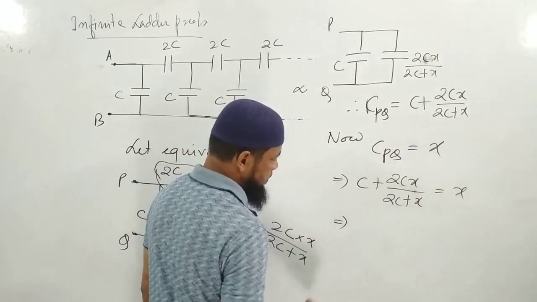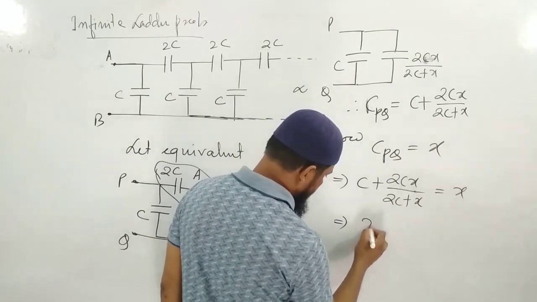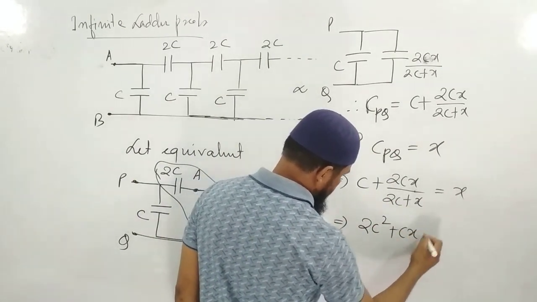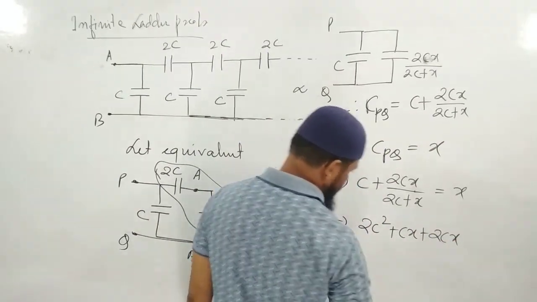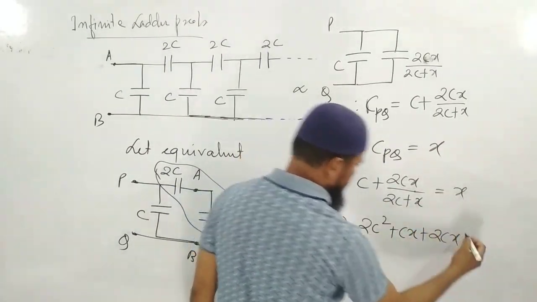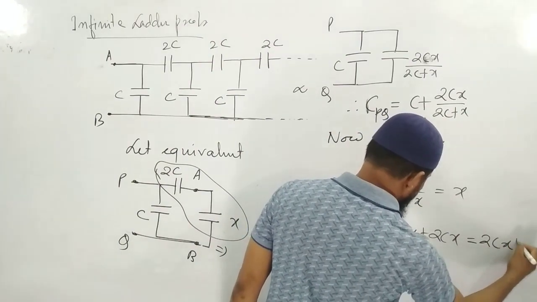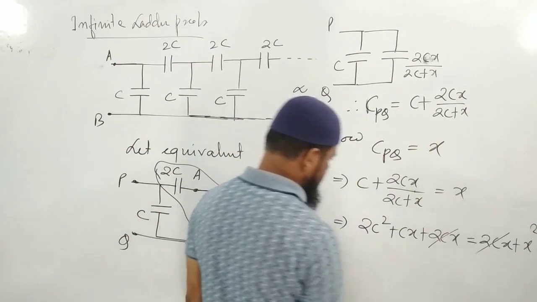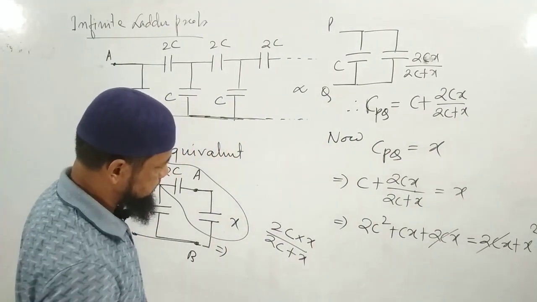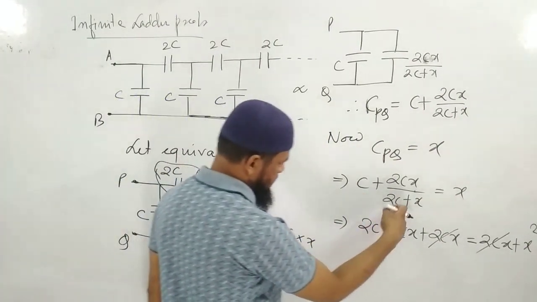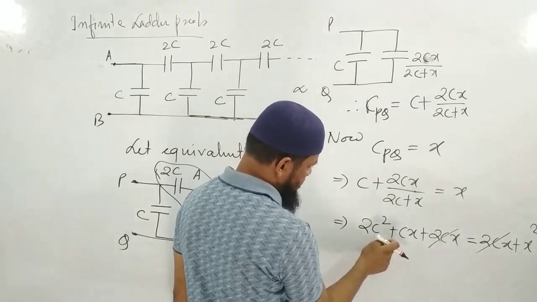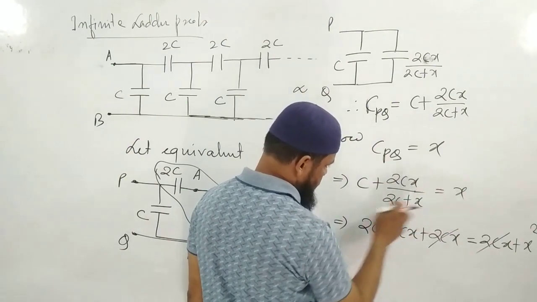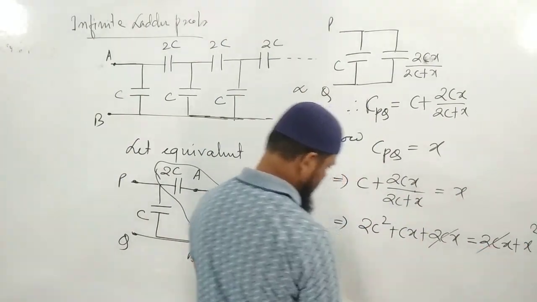So you can take the LCM here. If you take the LCM, 2C square plus CX plus 2CX, the denominator I'll take to the other side, 2CX plus X square. So 2CX cancels. 2C square plus CX, correct, plus 2CX is equal to 2CX plus X square.